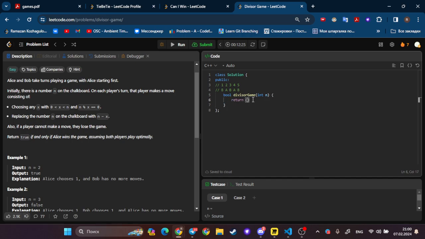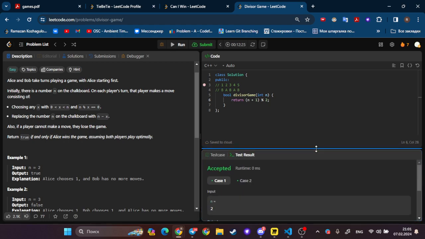Okay, answer like (n plus 1) divided by 2. Yes, but I already solved this a long time ago, and you have to prove that it's true.